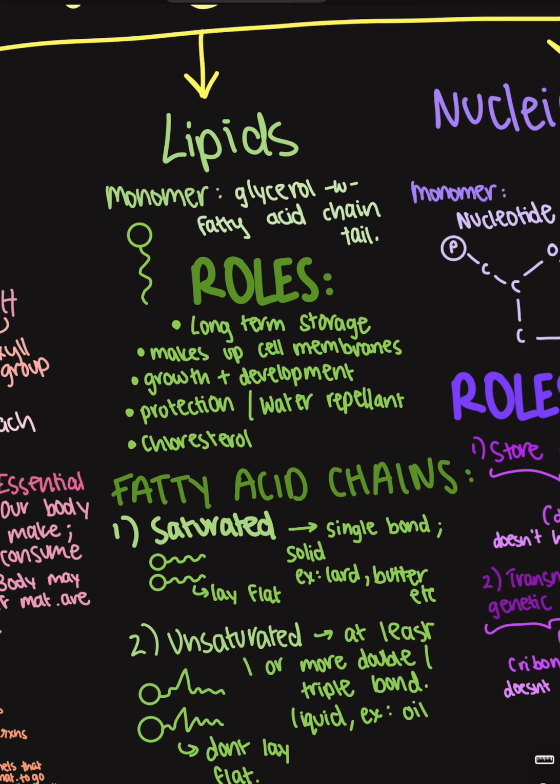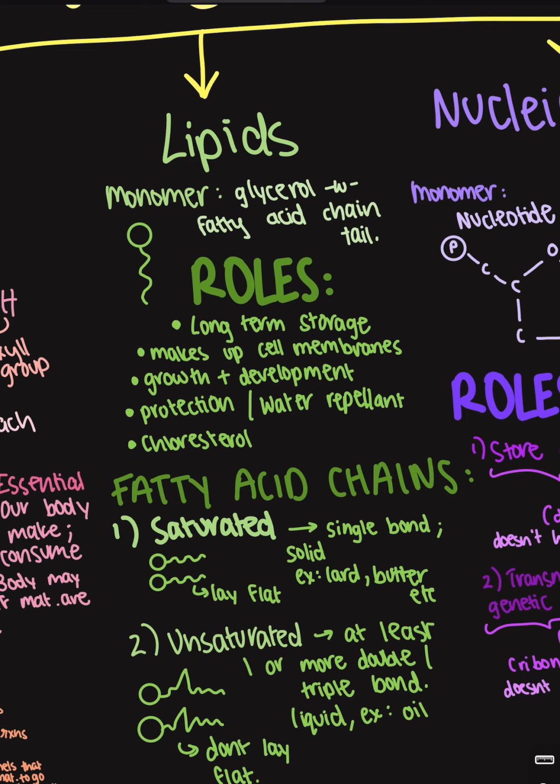Another role is growth and development. The 4th type of lipids are sterols, which help in growth and development in humans in the form of testosterone. And another role is that it's a protectant or water repellent.